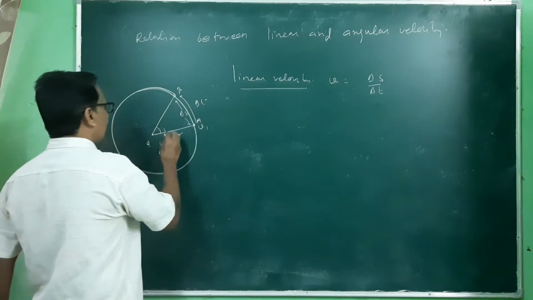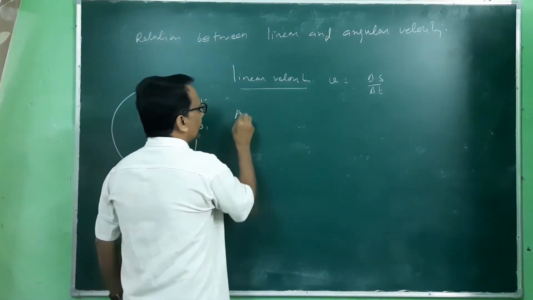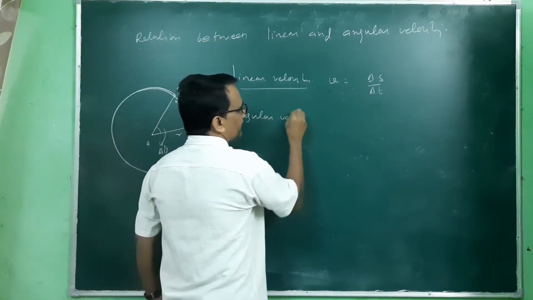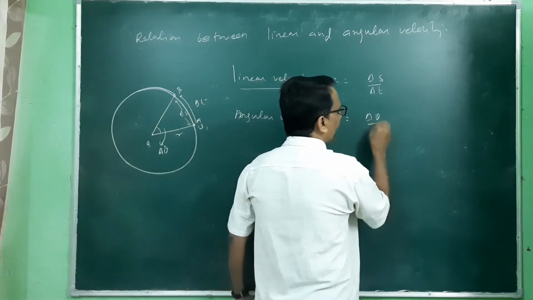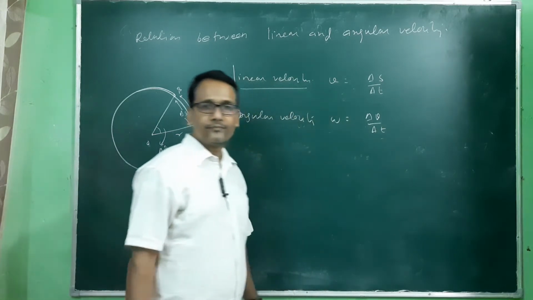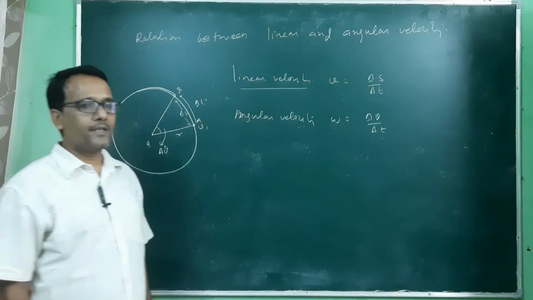Second, angular velocity is defined as delta theta by delta t, the change in angular position upon time.